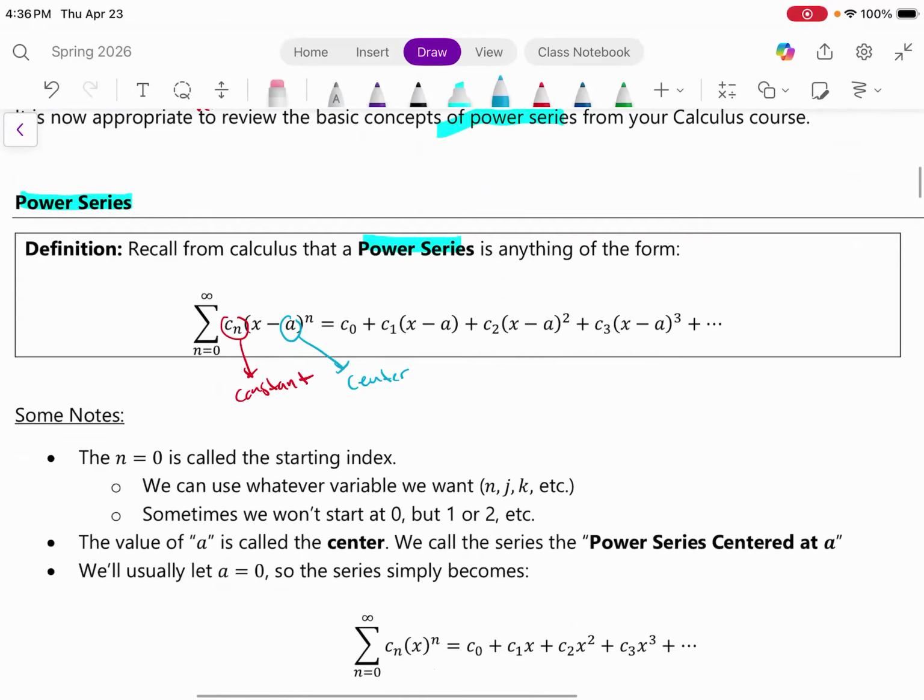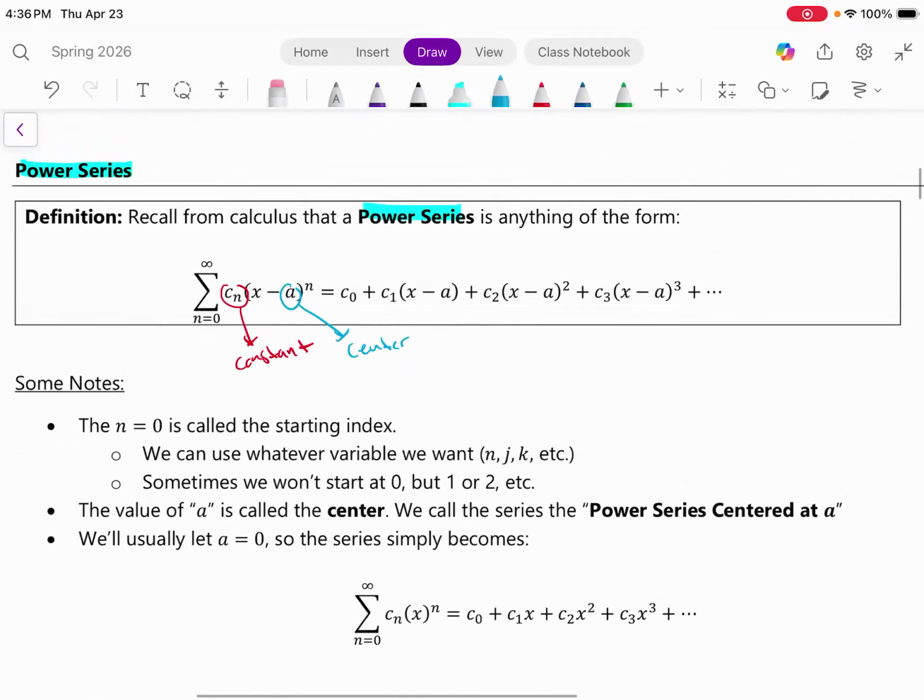Some notes about the power series, just a refresher on what the summation is and what the index is. That n equals 0 is called the starting index. We generally use n, but we can also use whatever variable we want, n, j, k, etc., just maybe not x or y, so we don't get confused.